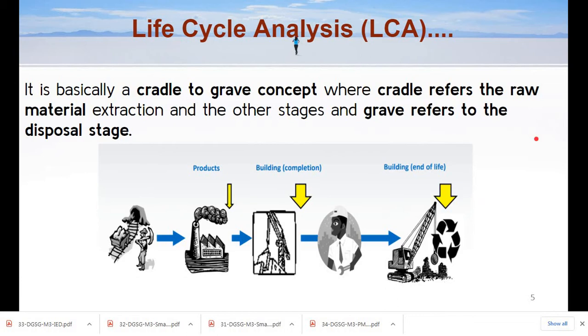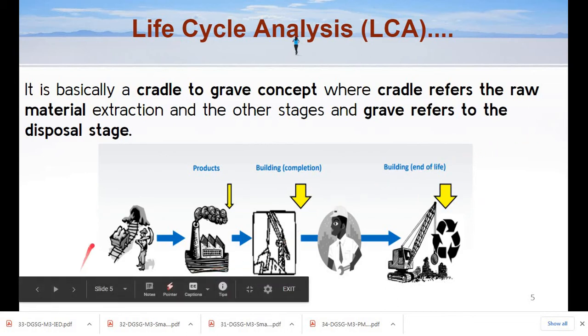An example is shown here. This is the material extraction stage, then the product development stage, then the completion stage, the usage stage, and finally the end of the life.